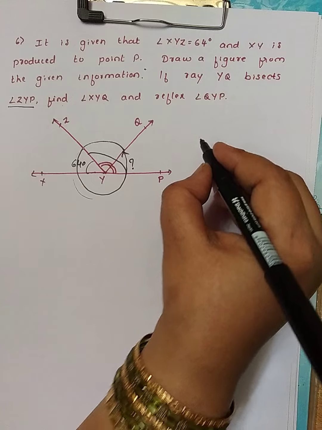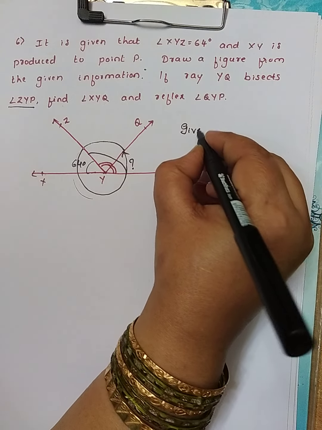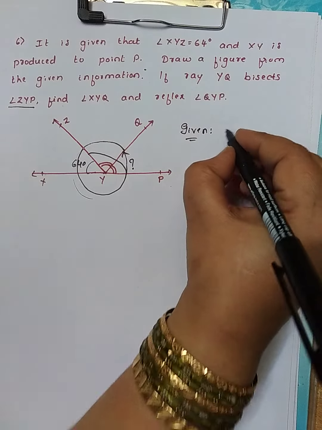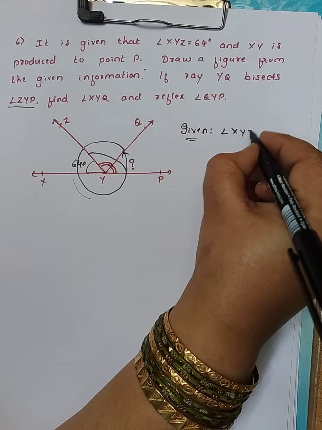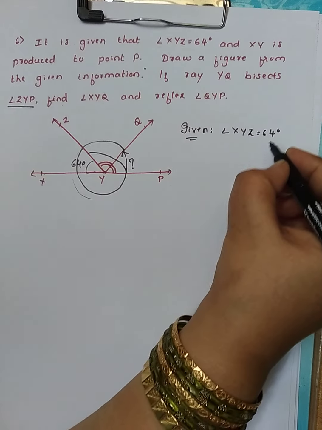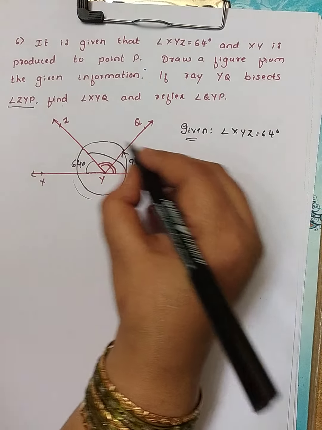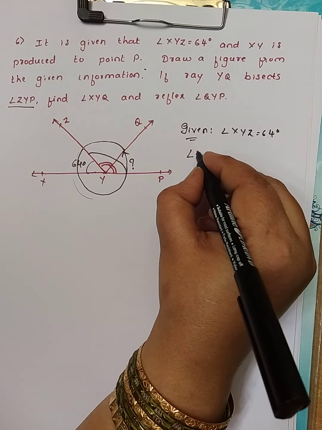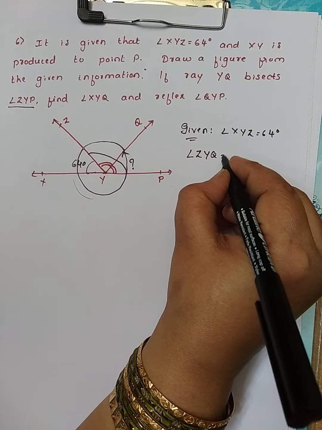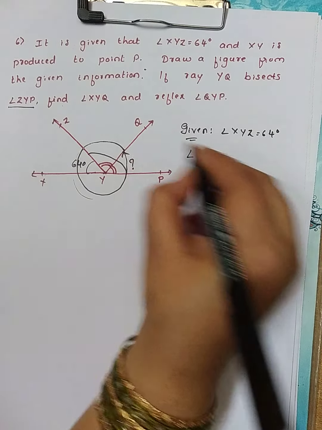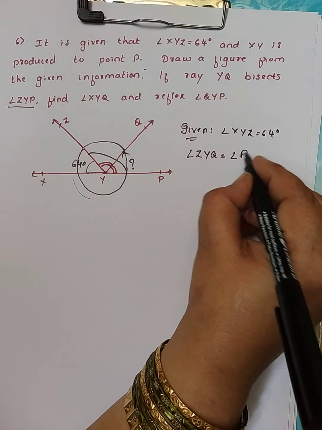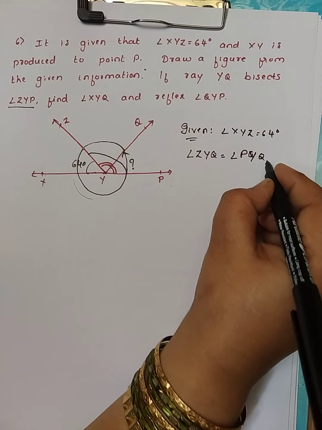So what is given here? First of all, we have to write what is given. Given is angle XYZ equal to 64 degree and QY is bisector. Bisector means angle ZYQ equal to angle PYQ.